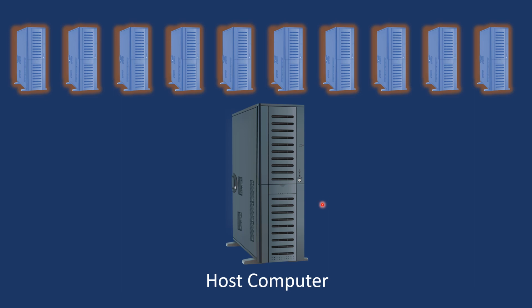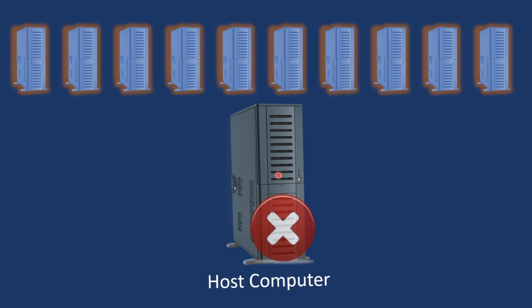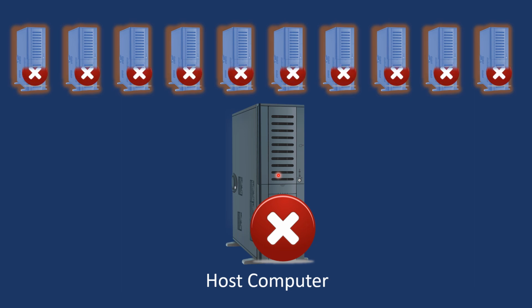Okay. Now, one question many students and many employees ask me all the time is, what happens if this computer breaks down and my virtual machines are all running on this computer? This is a valid question. Of course, at the end, these virtual machines are running on this computer, and if something happens to this computer, all your virtual machines will be down.